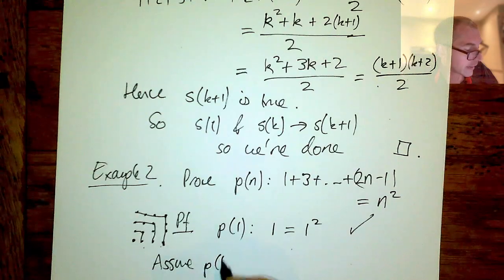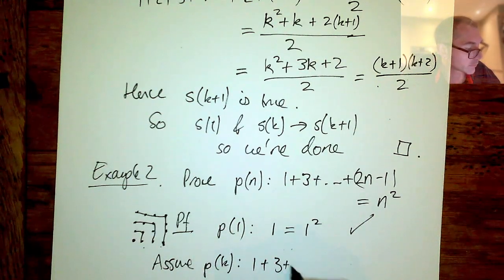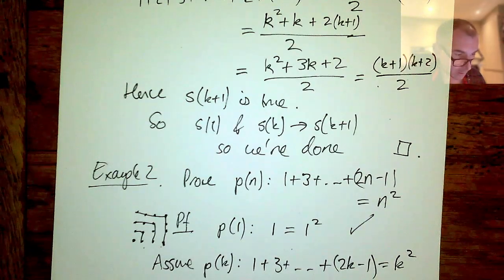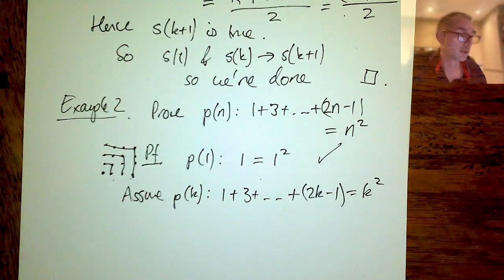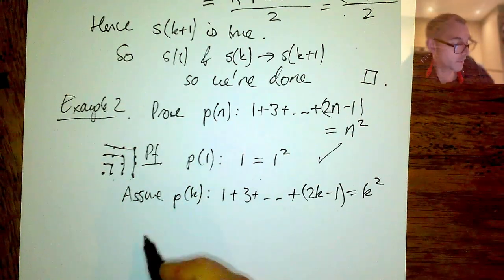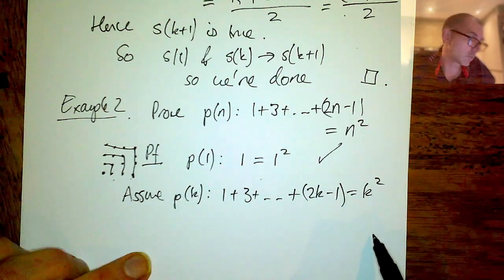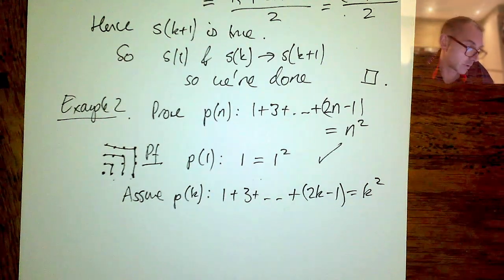Assume P of k. What's that? That's saying that 1 plus 3 all the way up to 2k minus 1 is equal to k squared. Okay. Now I need to prove from this that this will also work for P of k plus 1.